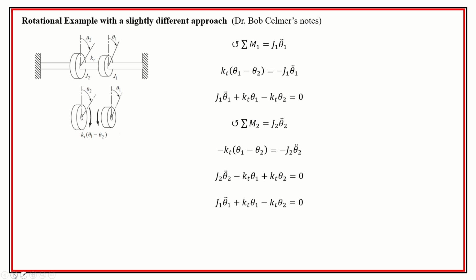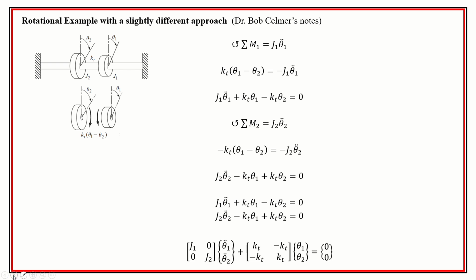So we have these two equations, and we can assemble them into two matrices. The J matrix here, or the mass matrix, the inertial matrix, and then we have the stiffness matrix over here. And notably, on this diagonal, they can be varying things. They just happen to be the same.